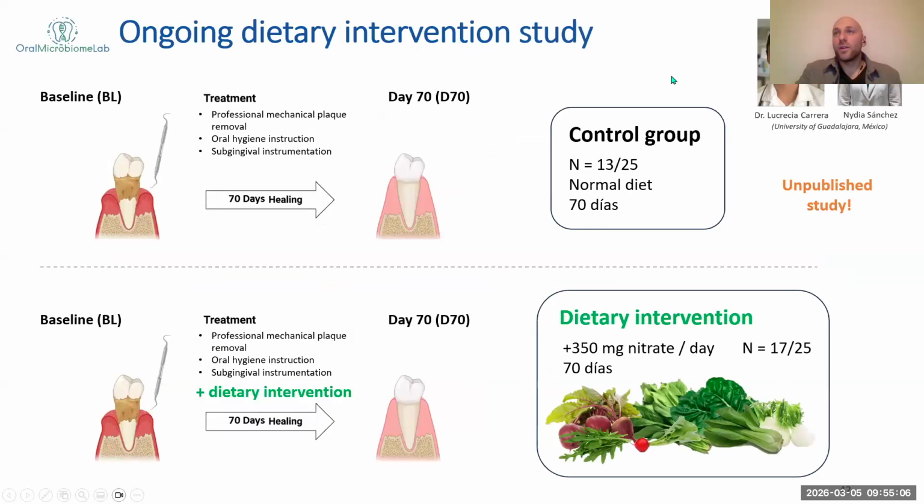And this study is ongoing, so it's not complete yet, not published yet, but I can share with you at least some of the methods and one preliminary result. In this study, basically, we have two groups of individuals that receive periodontal treatment. One group continues with their normal diet as usual, and the other group has a dietary intervention with nitrate-rich vegetables, providing 350 milligrams of extra nitrate per day.